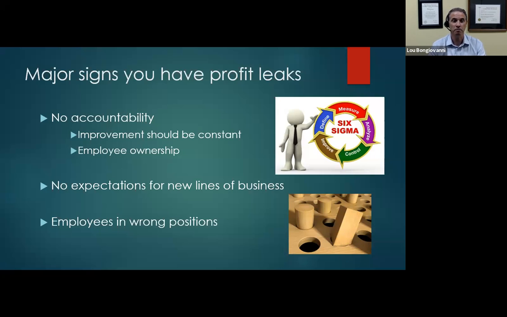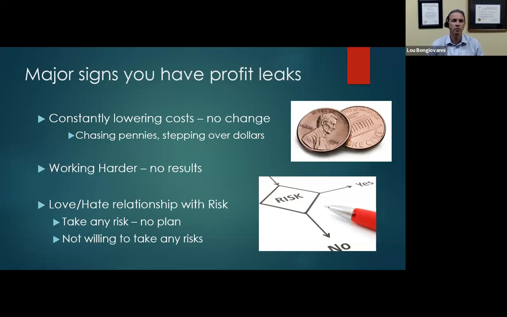Okay, some other major signs of profit leaks: constantly lowering costs, no change here, chasing pennies, stepping over dollars. What that is, a lot of times when there's adversity in a company, the main thought is let's circle the wagons, let's lower costs, let's drive costs down as a way of getting into a mindset of almost survival mode.